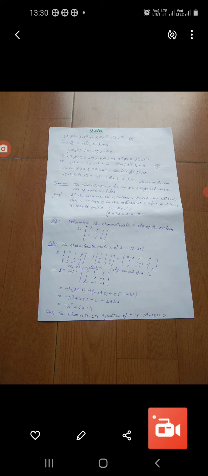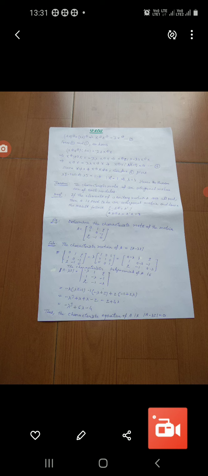Now the characteristic polynomial of matrix A will be determinant of A minus λI, with first row minus λ 1 2, second row 1 minus λ minus 1, and third row 2 minus 1 minus λ. Now we solve this determinant, so you will get minus λ multiplied by (λ square minus 1), minus 1 multiplied by (minus λ plus 2), plus 2 multiplied by (minus 1 plus 2λ), and similarly you will get minus λ cube plus 6λ minus 4.